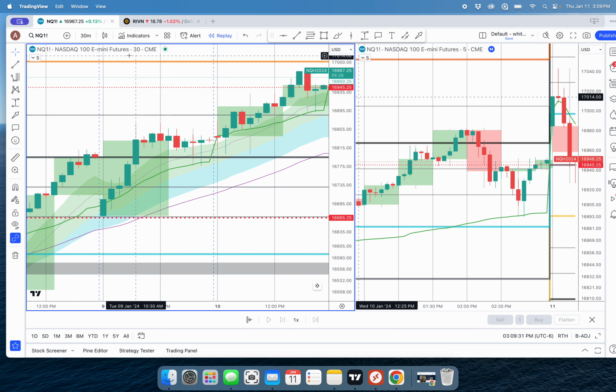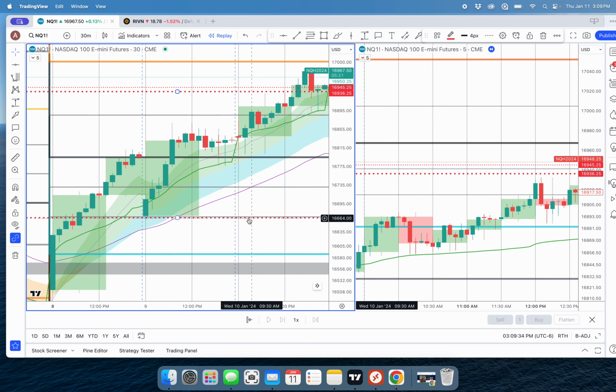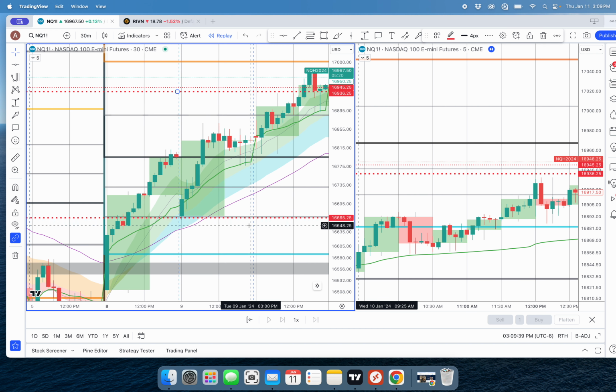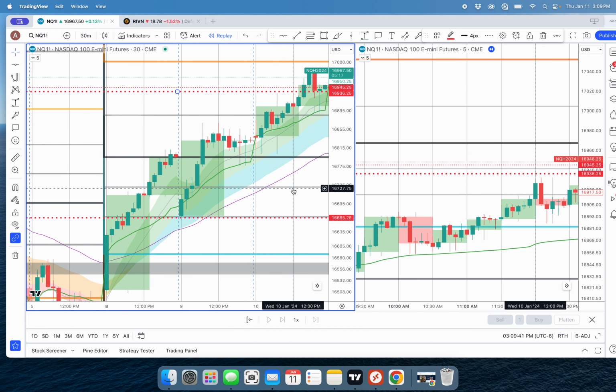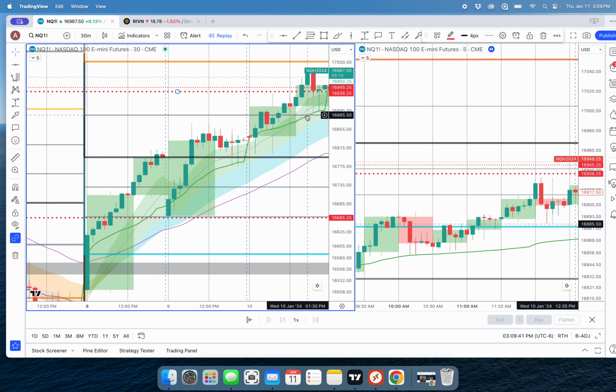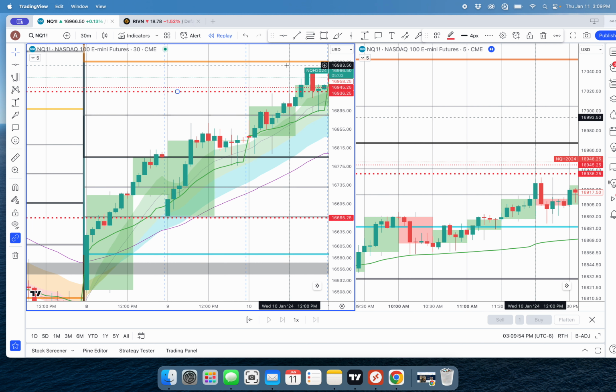A lot of times what I like to do is draw a marker right there, right? So wicks are super important, especially if it was a wick into some kind of major level, because that really plays a pivotal role in the next day, right? Okay, so with that said, you need to understand where things are.